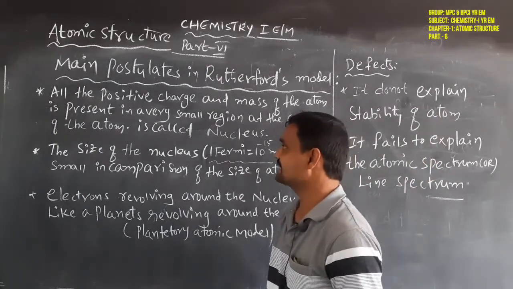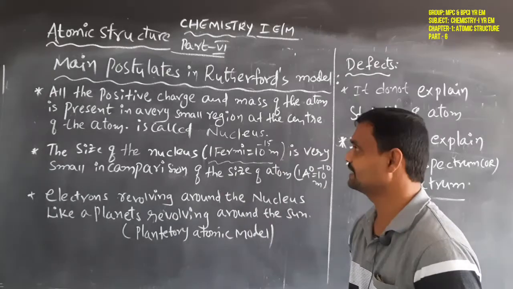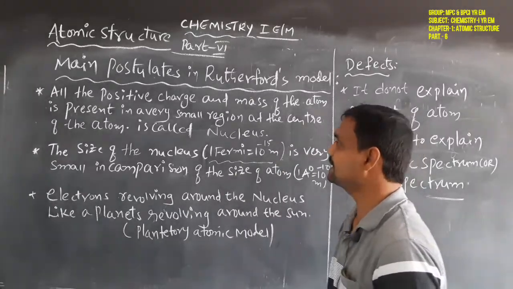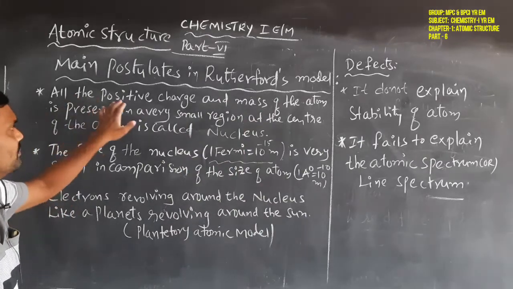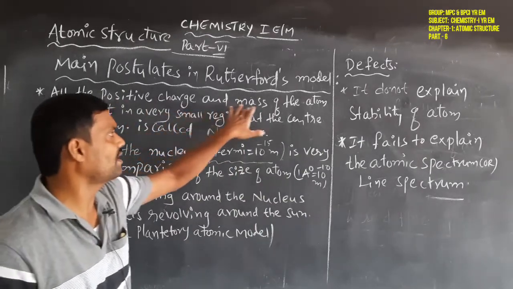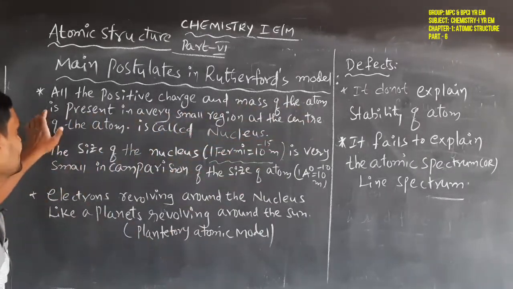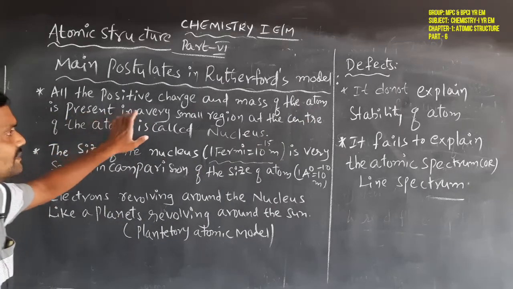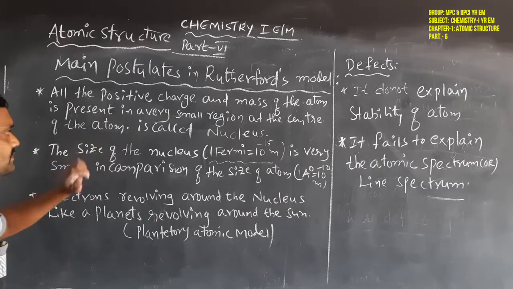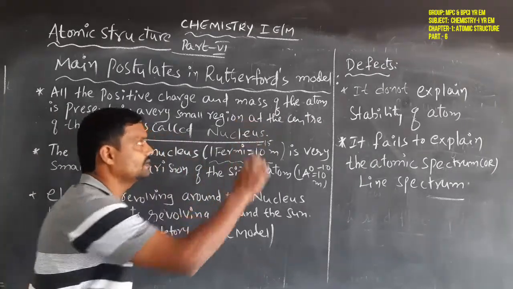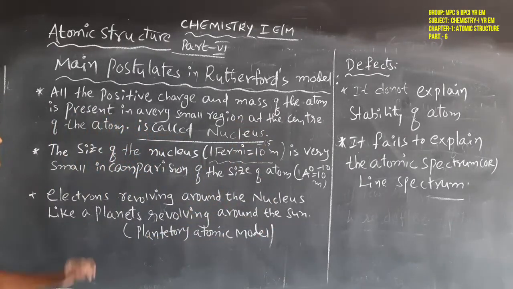The first postulate of the Rutherford atomic model is that all the positive charge and mass of the atom is present in a very small region at the center of the atom, that is called a nucleus. What is that?